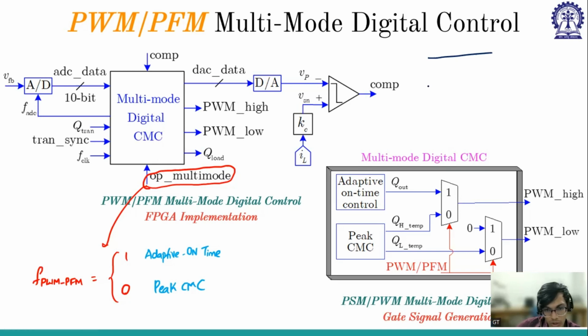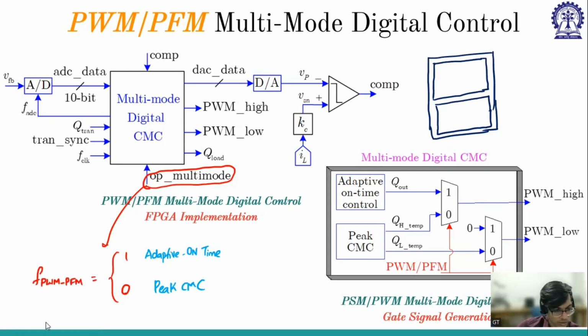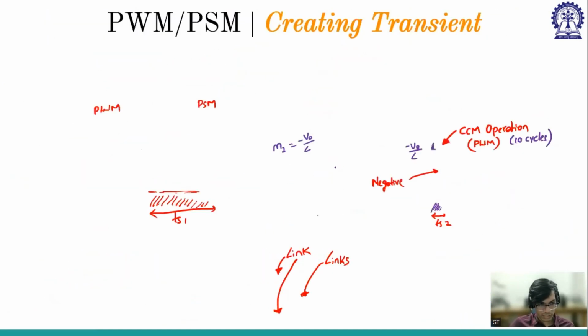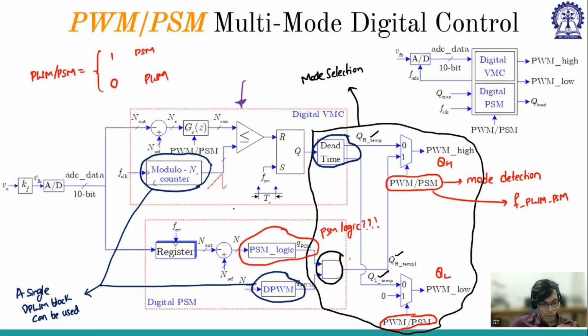I can imagine this Verilog block as two small blocks, the first one being adaptive on-time control, and the second one being peak current mode control. If I just quickly go back to the point where we discussed this, it can be implemented in the same way. So this is one block and this is the other block.